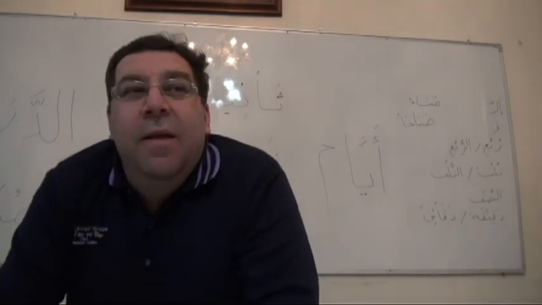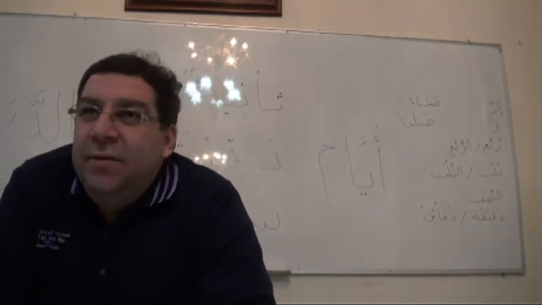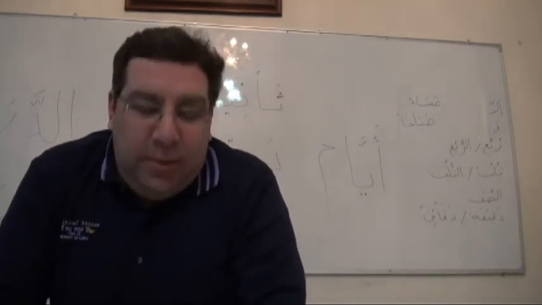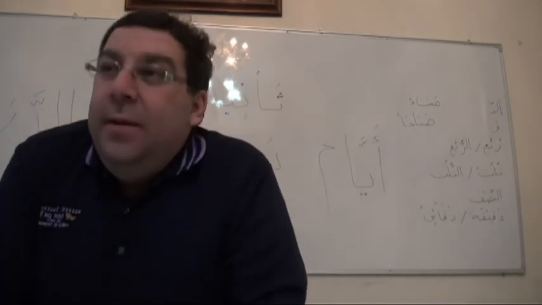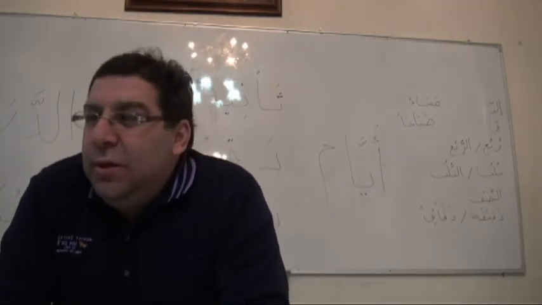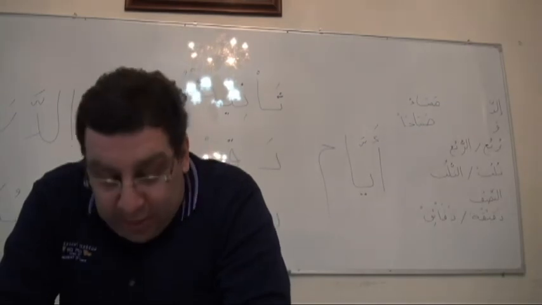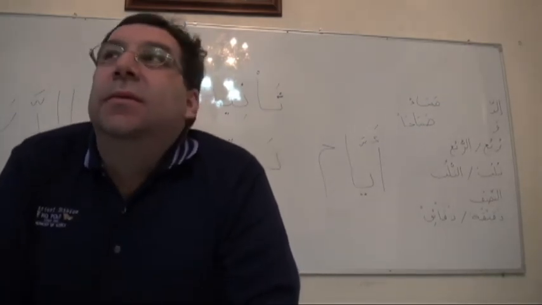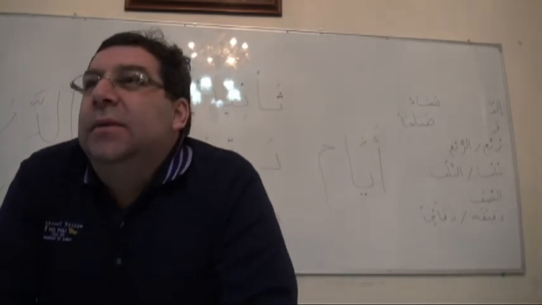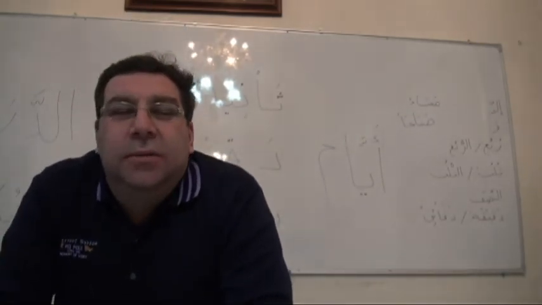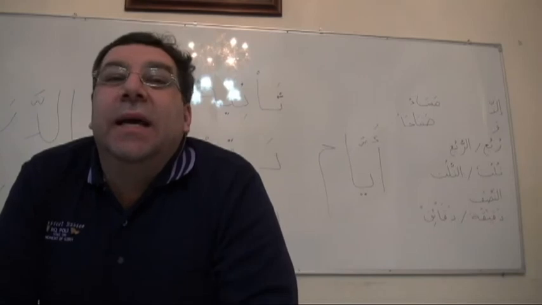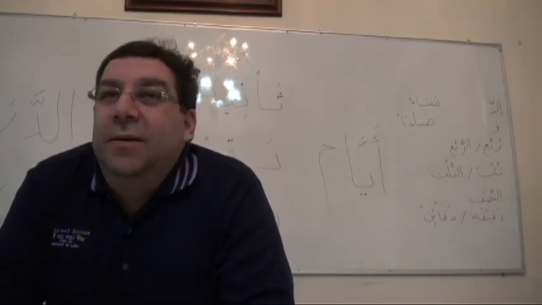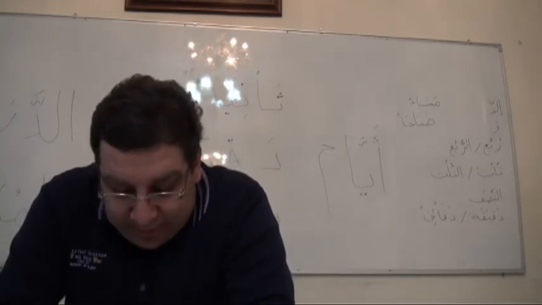It means the week is 7 days and the day is 24 hours. Okay? Now next also we know those two words. The first one, sanaton. What is the meaning of sana? Year.